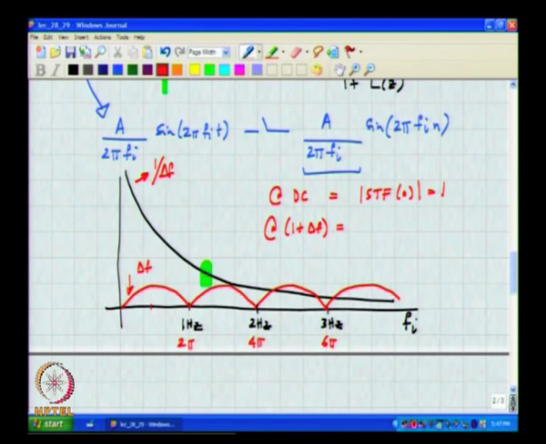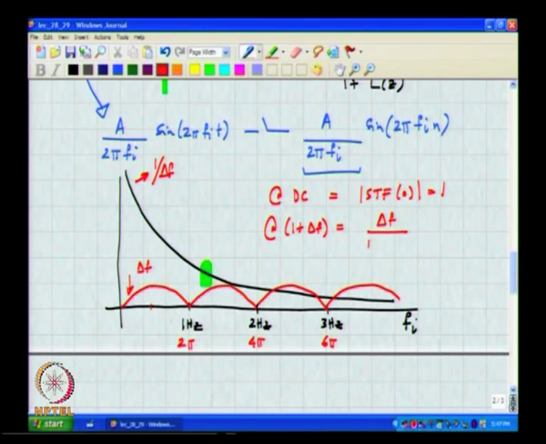No, delta f by what, delta f by 1 plus delta f. Delta f divided by 1 plus delta f. Okay, and how do you get that?